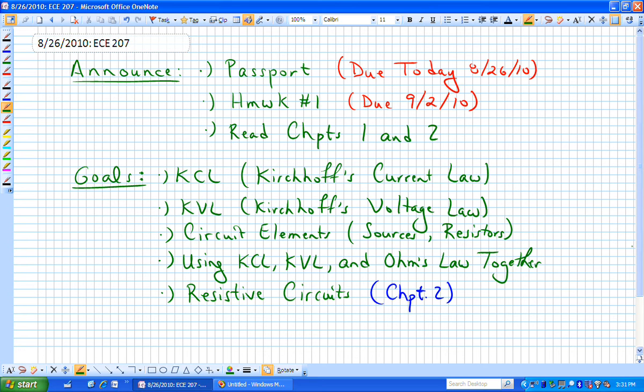Then we'll start putting all of those pieces together and analyzing circuits using the tools of KCL, KVL, and Ohm's Law. Learn how to use all 3 of those in combination. And then we'll start with resistive circuits, which is another way of analyzing circuits involving resistors. We haven't gotten any more complicated than that in chapters 1 and 2.